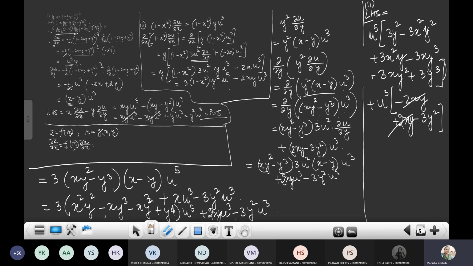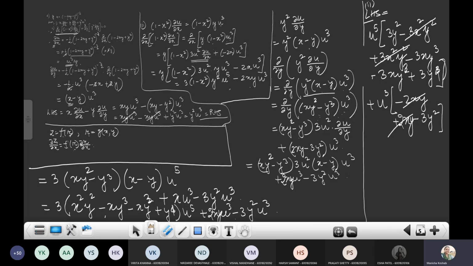So here we will be getting 3x square y square minus 3xy cube minus 3xy cube plus 3y power 4. So this minus 3x square y square and plus 3x square y square is also getting cancelled.